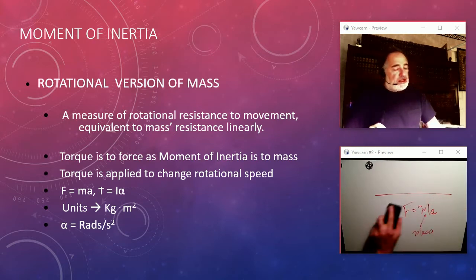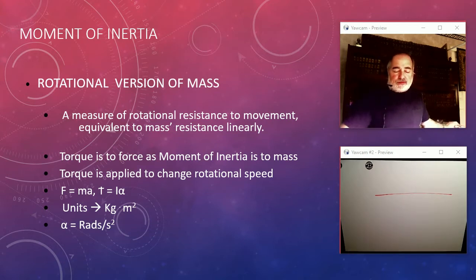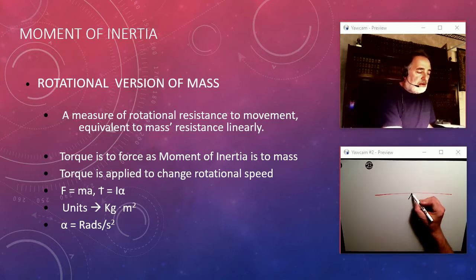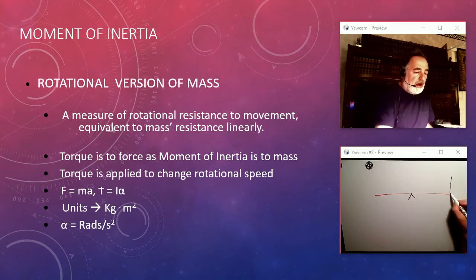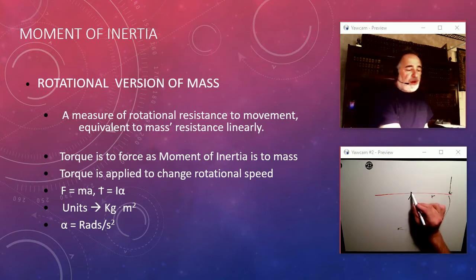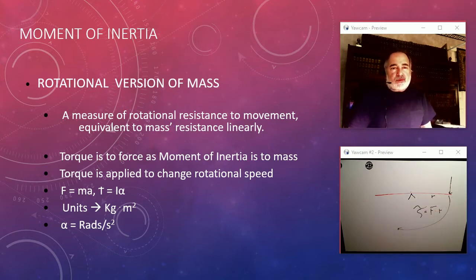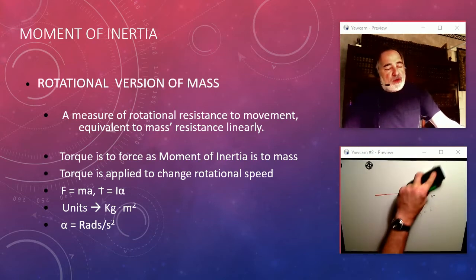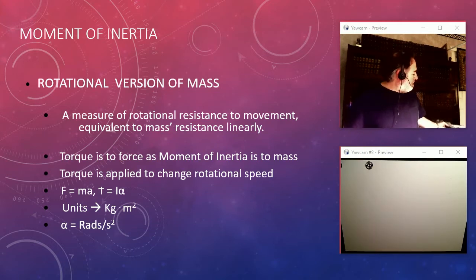And we'll get into this more in the next chapter. But if I'm pivoting something, a force down will cause a rotation, and the torque being force times that radius, or the distance from that pivot. So that's well enough, but if I'm rotating something, I can't think just in terms of mass.